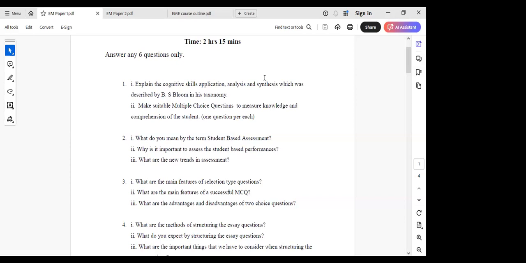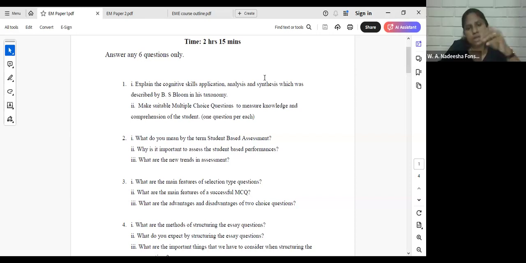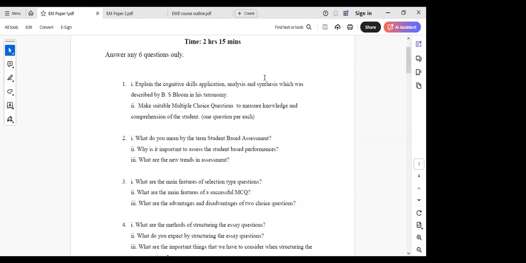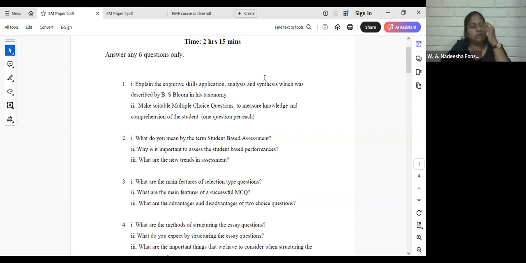Open book assessments. Yes, open book assessments, especially in online tests. We can use open book assessments. Yes, very good. Those are the things we have to write here.